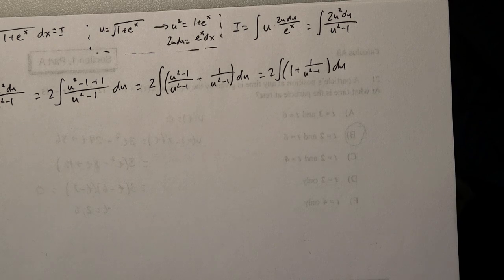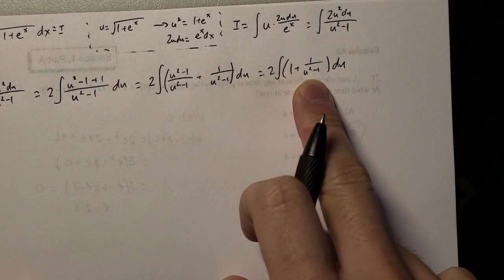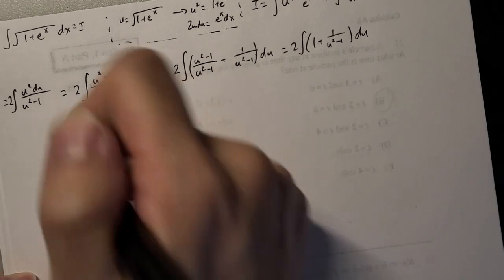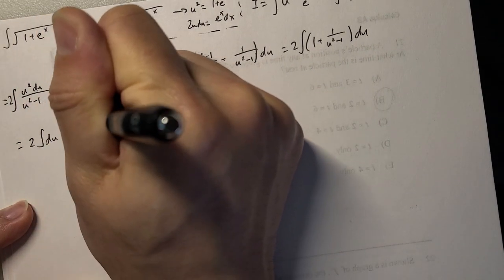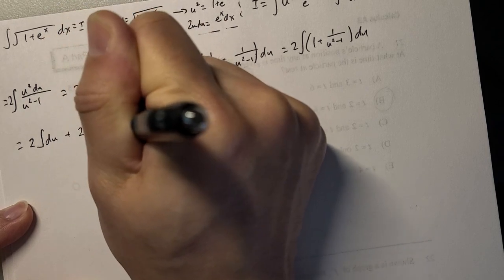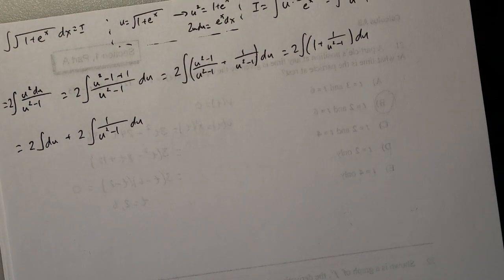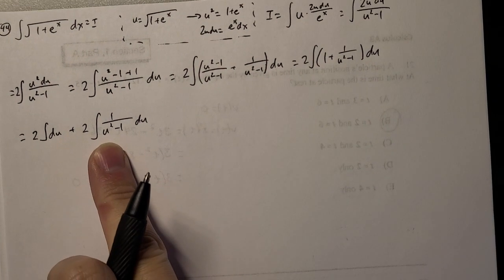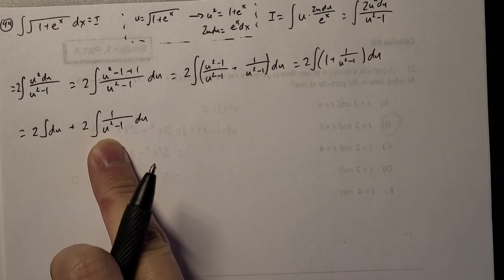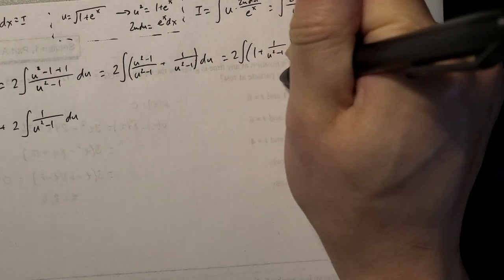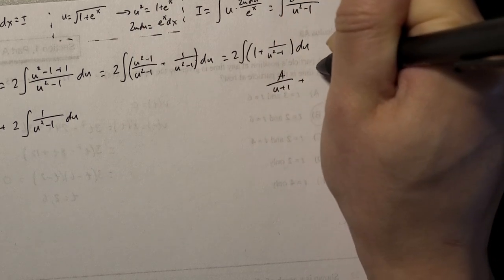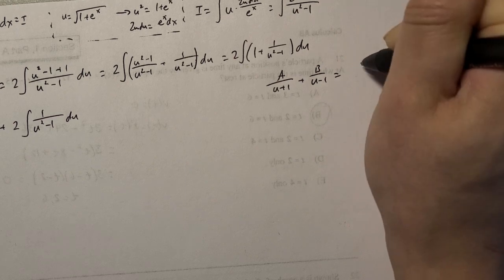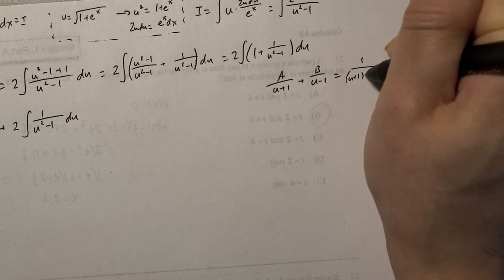This we can solve with partial fraction decomposition. Let me rewrite it as 2 times the integral of du plus 2 times the integral of 1 over u squared minus 1 du. We do the partial fractions on the side: a over u plus 1, plus b over u minus 1, is equal to 1 over u plus 1 times u minus 1.